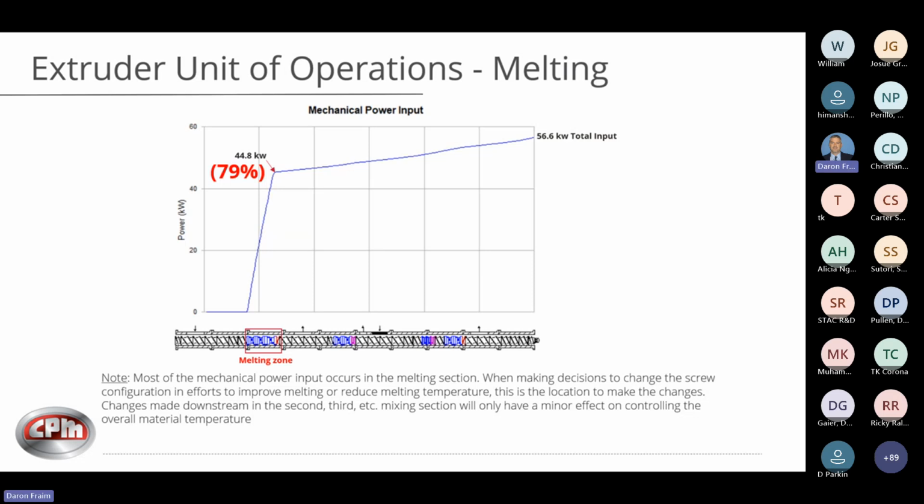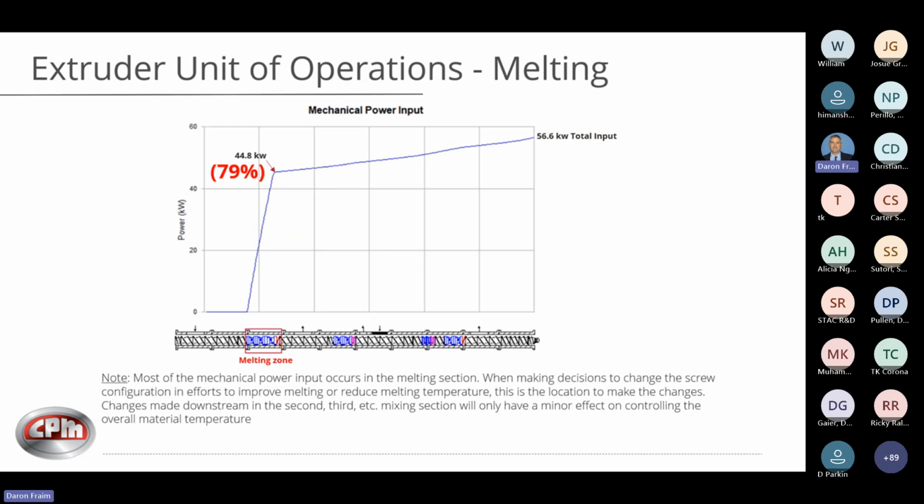And so if you're dealing with a situation where you're not sufficiently melting your resin, or the melt temperature is too high, this is where you want to change the screw configuration. Obviously, if you're struggling to melt, normally the first line of defense is to adjust the screw speed, and you can do that.